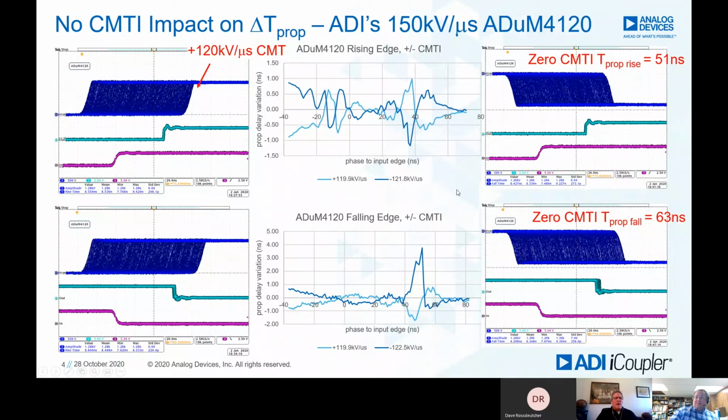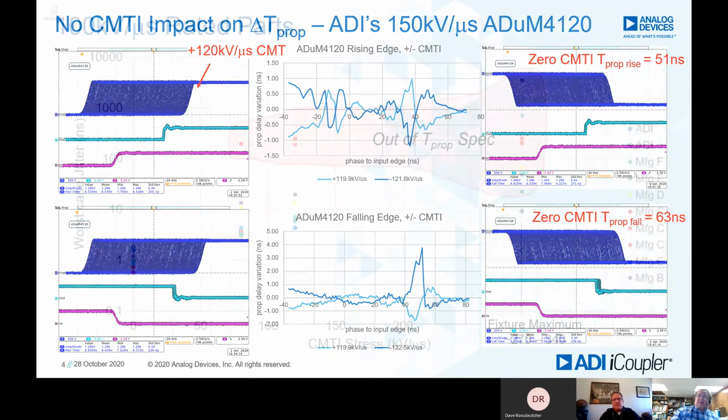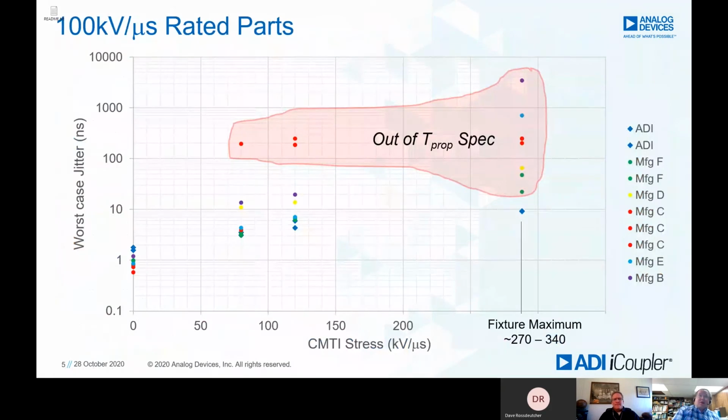Now, getting right down to it, if you look at ADI gate drivers, how do they compare to their competition? Well, I think they compare pretty favorably. Here is a survey that we did with 100 kilovolt per microsecond rated parts. We have Analog Devices parts along with 5 other competitive parts.